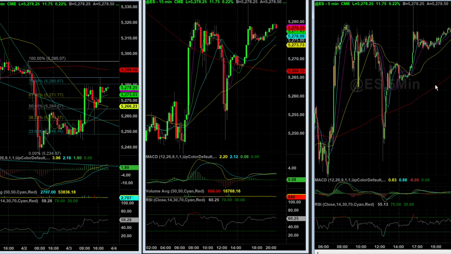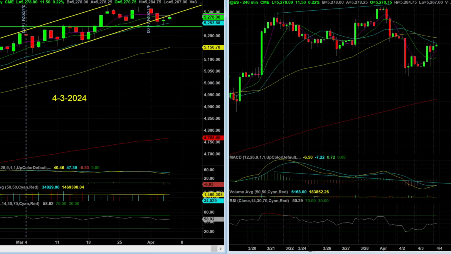So as we speak, the future is still up more than 11 points. I think it will keep going, as long as it stays below 5300. I think the bear is still in control. Otherwise, bulls are in control now. Look at daily.